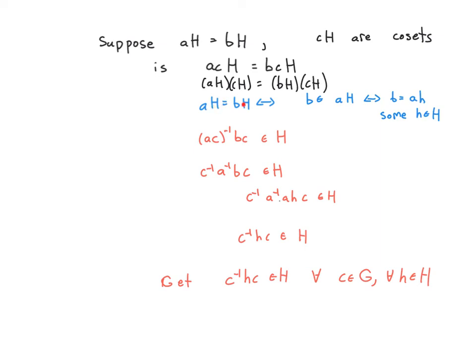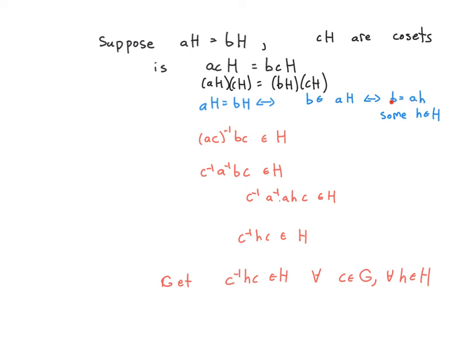What does it mean for AH to be equal to BH? Well, that means B is an element of the coset AH, which means B is equal to little a times little h for some little h in H. What does it mean for these 2 cosets to be equal? Well, it means (AC) inverse times BC is an element in H. (AC) inverse can be written as C inverse times A inverse.